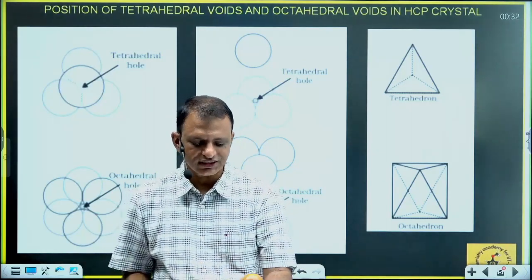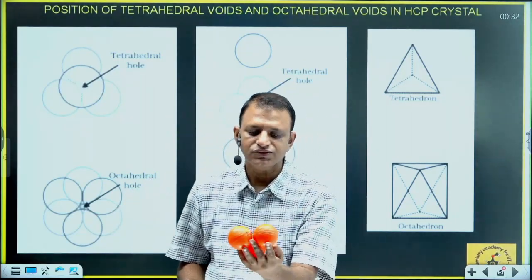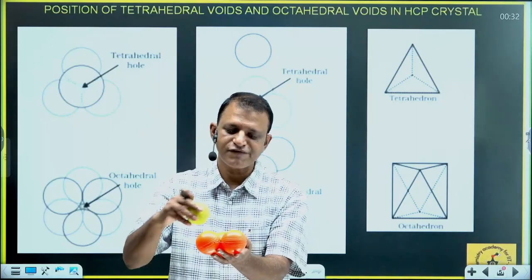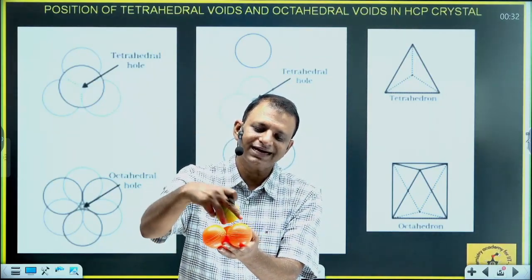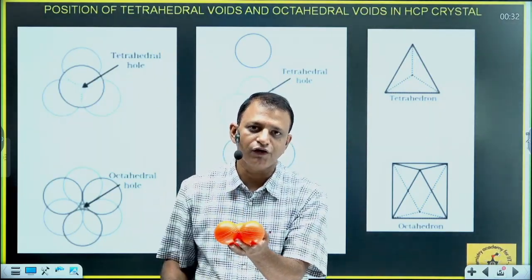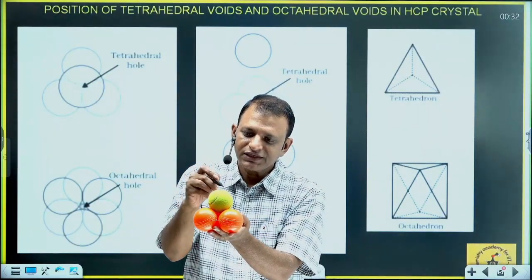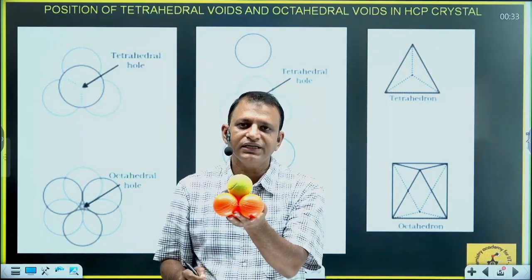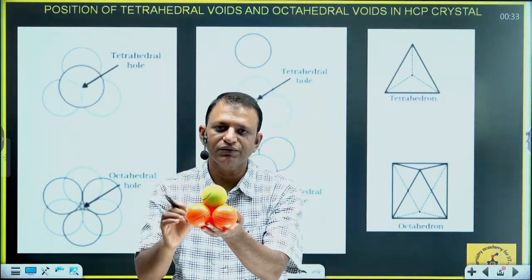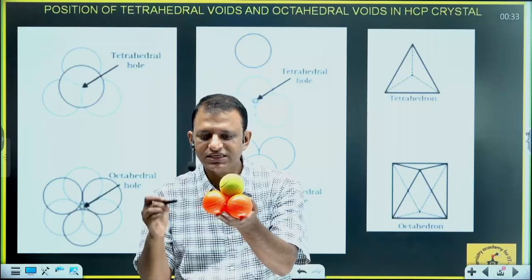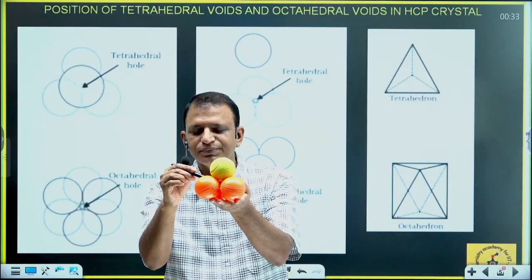So we can see here that this is an equilateral triangular base. If we connect the centers of all these atoms, an equilateral triangle will form. And if I place this atom, so the center of these 4 atoms, when we combine, there is a formation of a regular tetrahedron, and we can see here that there is a gap, right?